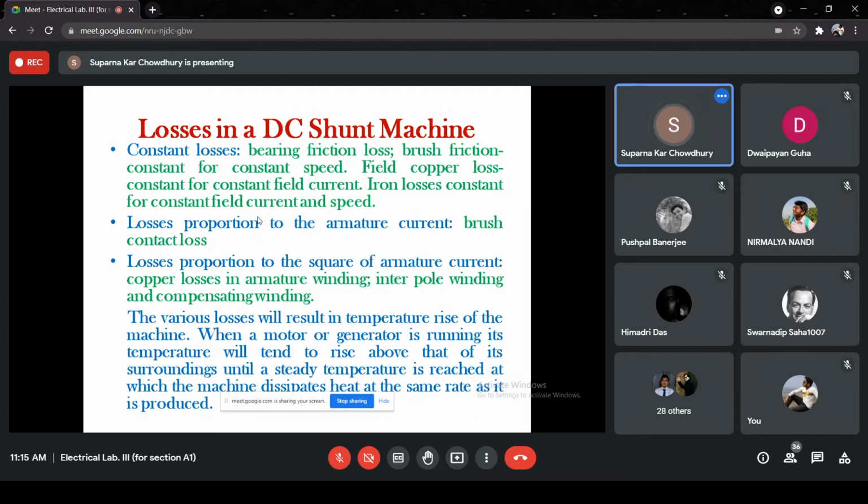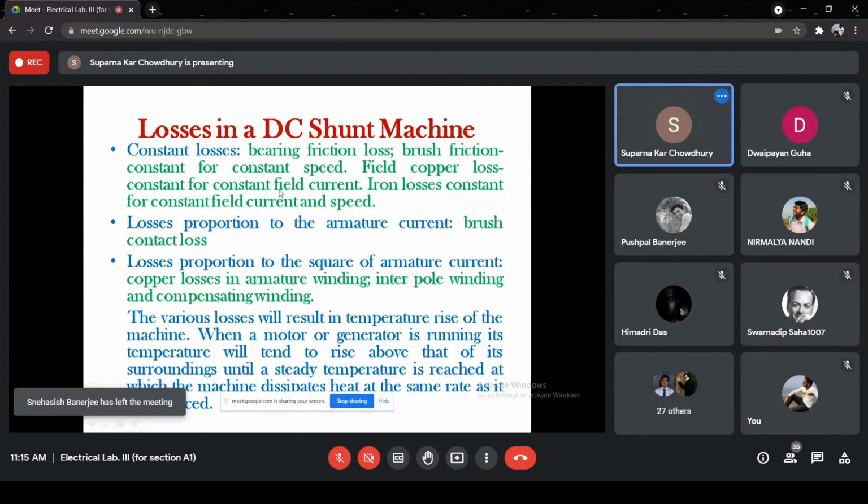So iron losses are constant for a constant field current and a particular speed. So for a particular speed, bearing friction loss, brush friction loss, iron loss, and the field copper loss, these total losses can be treated as constant loss.